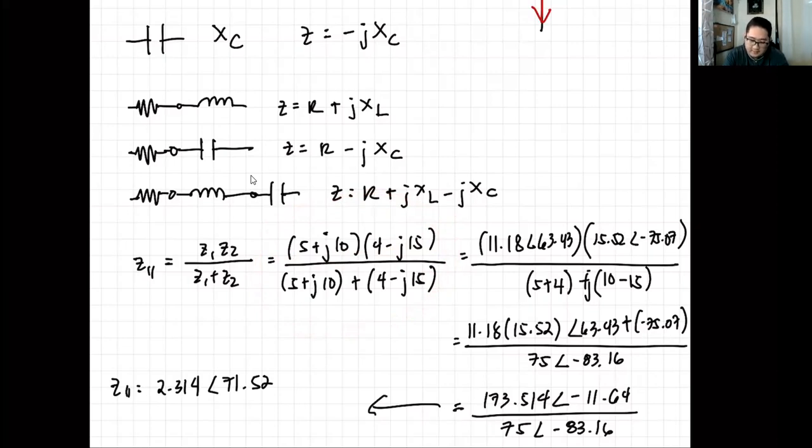So, 5 plus 10i times 4 minus 15j over 5 plus 10i plus 4 minus 15i. So, 16.085 tsaka 5.05.